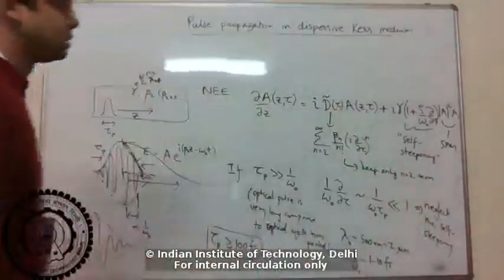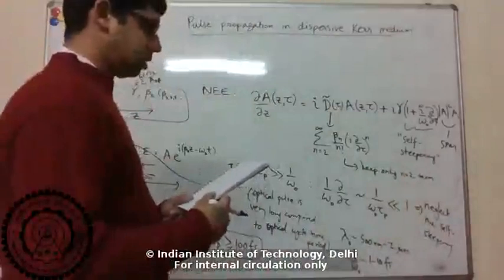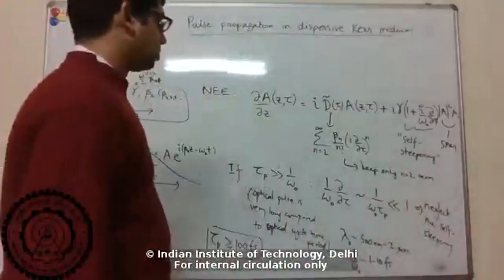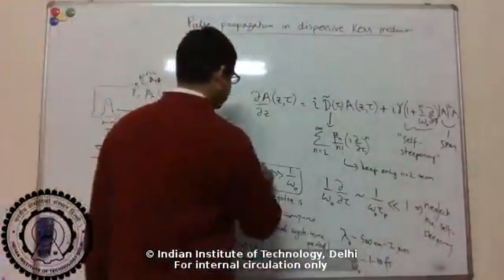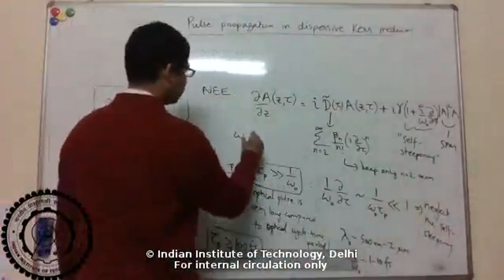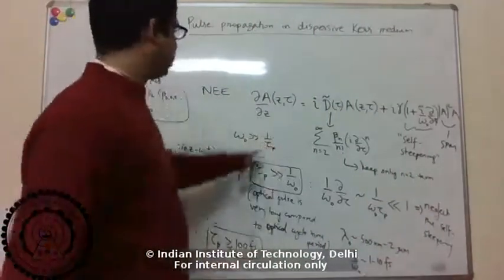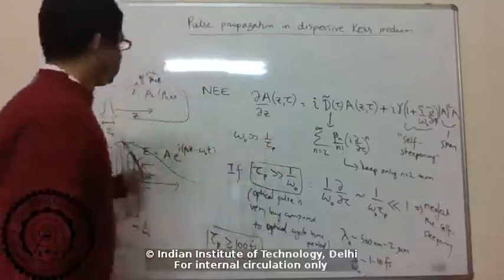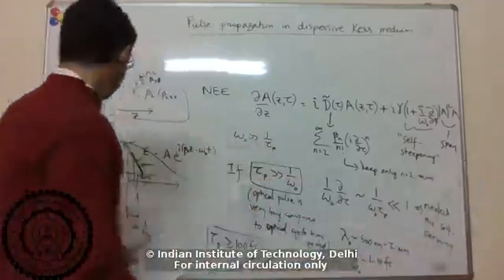And in some other cases, if the bandwidth is too big. Another way to write this condition is that omega naught is much greater than 1 over tau p. If you recall, 1 over tau p was proportional to the bandwidth of the pulse.